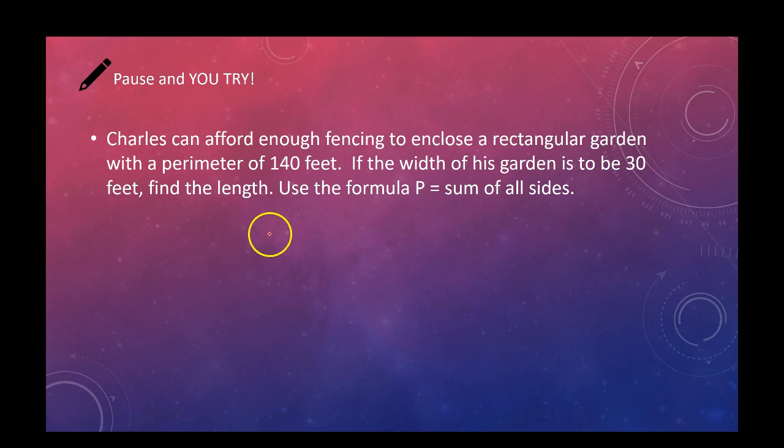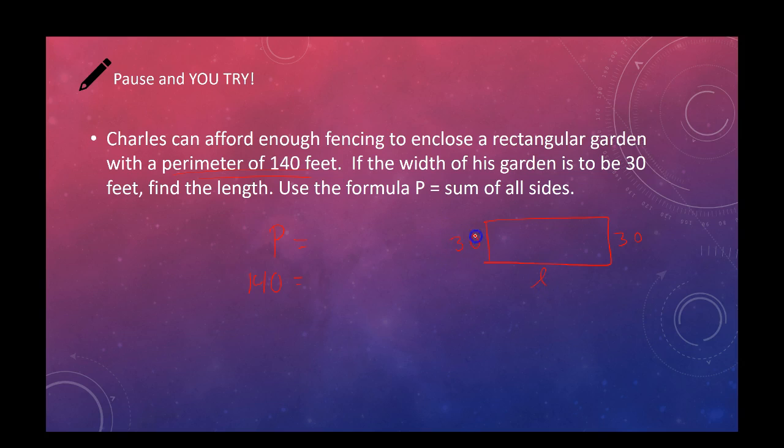Okay, so in this problem, the perimeter is 140, so I know it's going to go in for that P. It says if the width of this garden is to be 30 feet, find the length. Okay, so if we just visualize this, the width is 30, and then I'm trying to find this length.